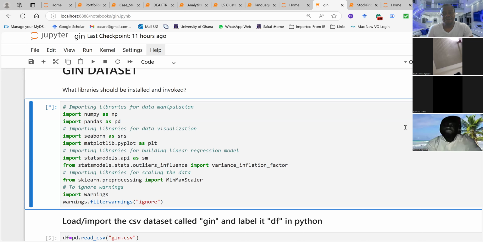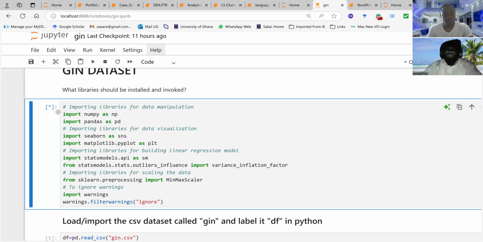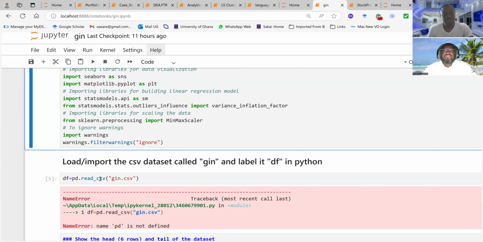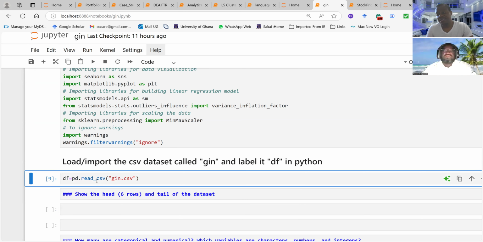This star means that it's still loading. Okay, done. So now let's load the data set here. And yes, it has loaded.